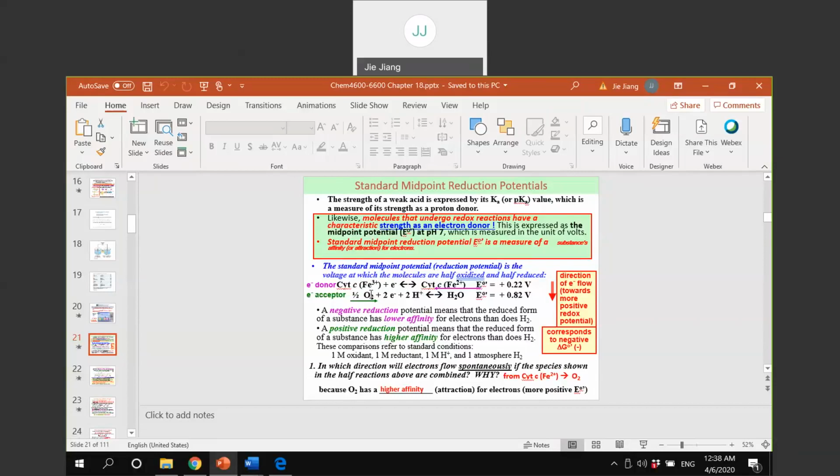Since we say oxygen is the electron acceptor, that means electrons should flow from ferrous ion, ferrous has 2 positive charge, to oxygen. When ferrous loses electrons, it becomes more positive, right? It becomes ferric ion. So the electron flow should be from, let's say, iron 2 to oxygen. Okay.